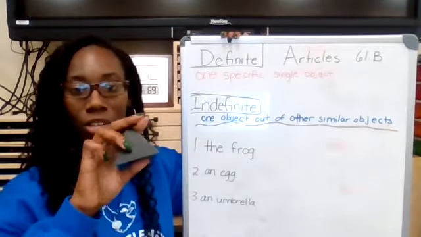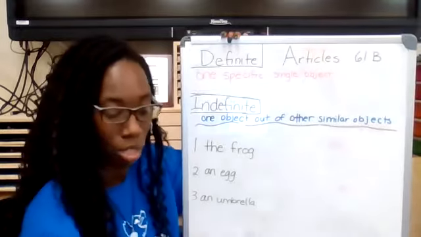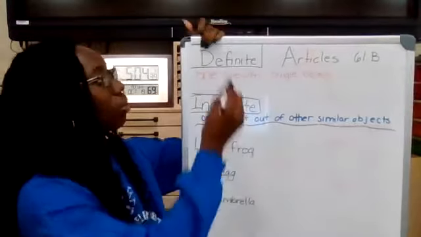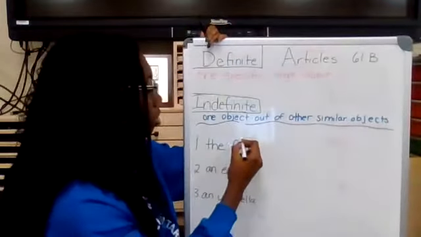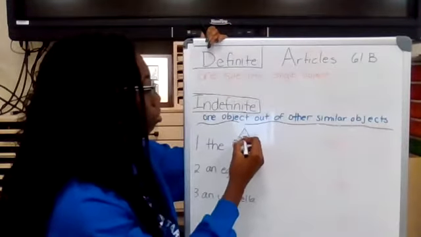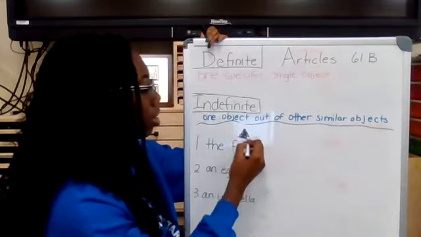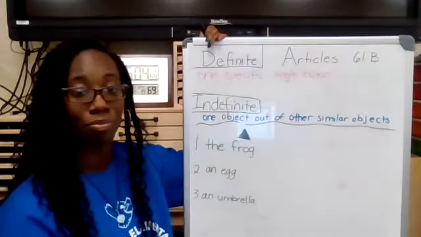The noun is like the foundation. It's how we know what we're talking about. So for the frog, I'm going to use my black writing utensil, and I'm going to draw a big black triangle above frog. That is my noun.